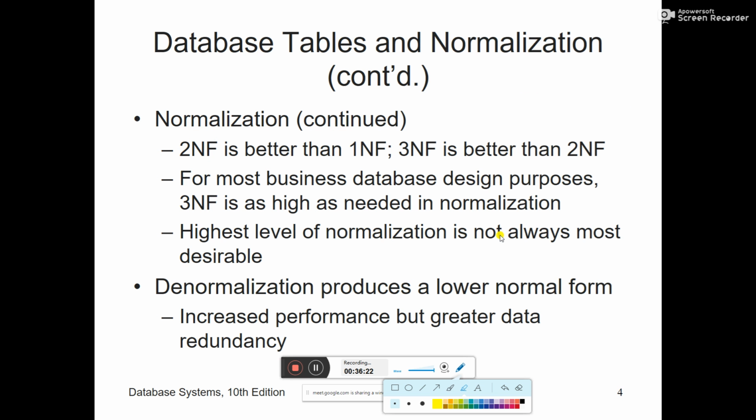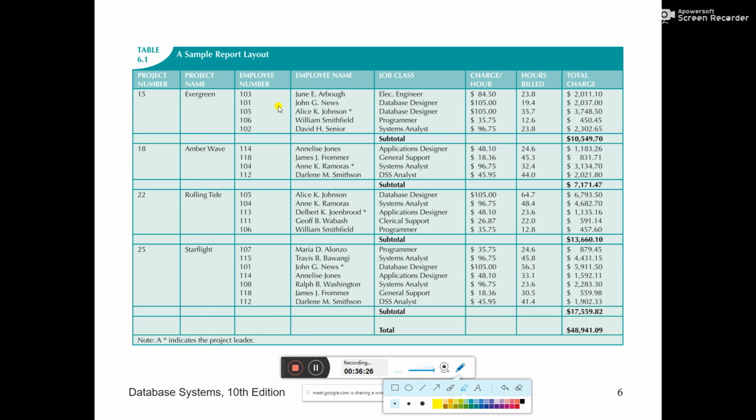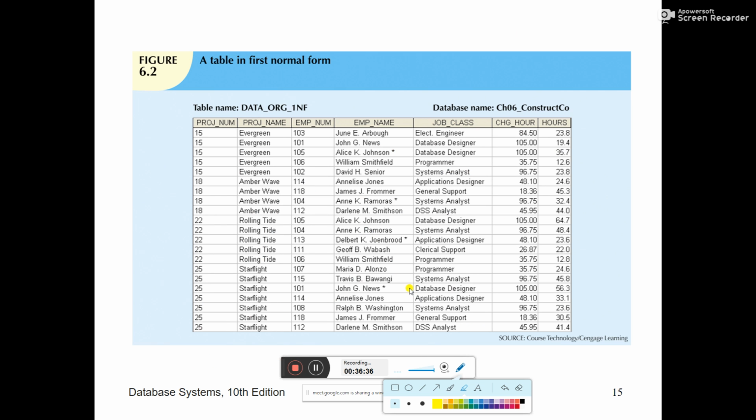You can compare both to see how to remove the repeating groups. This table has repeating groups. To eliminate them, you have to do it like this: for each row, add the value so that there is one value in one cell.